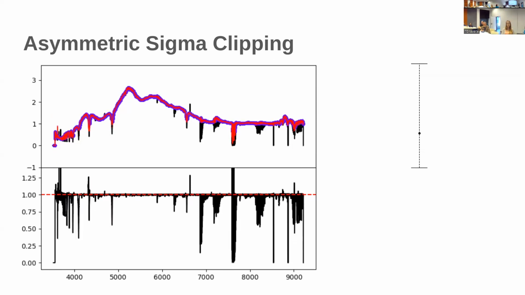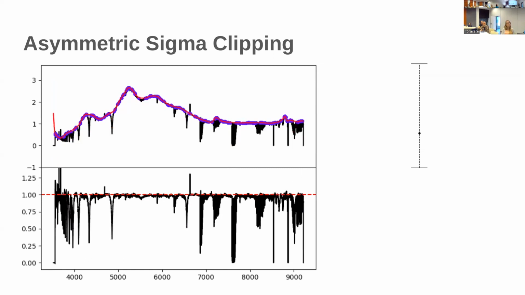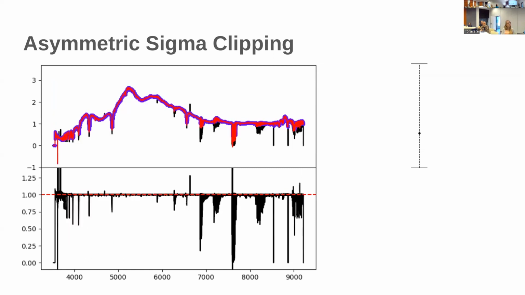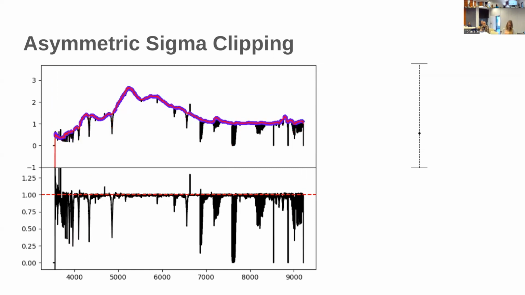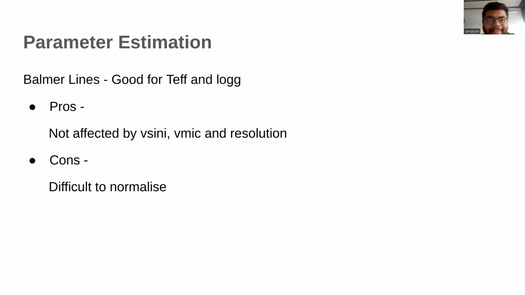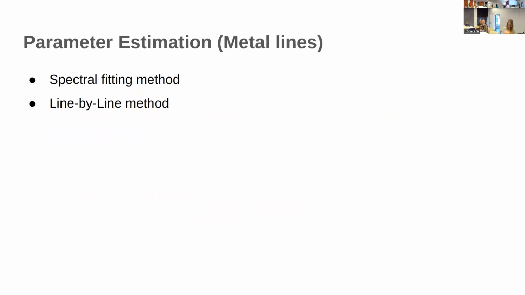I have one comment as well. You mentioned that the hydrogen lines are not affected by V sin i, and what was the resolution? This is very far from truth.